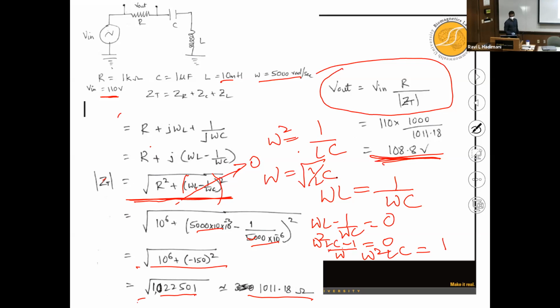That should be the condition to minimize the impedance. When your omega squared is equal to 1 over LC, that's when the circuit is said to be in resonance. So your angular frequency should be the square root of 1 over the product of inductance and capacitance.